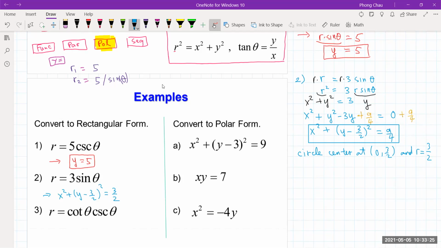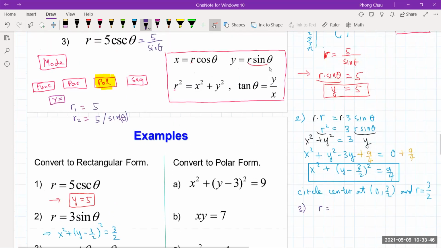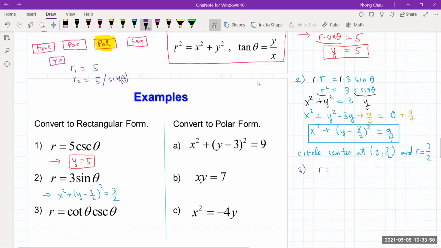Now let's look at the next one, number 3 here. Number 3, we have cotangent and cosecant, and we want to convert again to rectangular form. The first step when you see this is that cotangent and cosecant are not among these four formulas, so you're going to rewrite it.